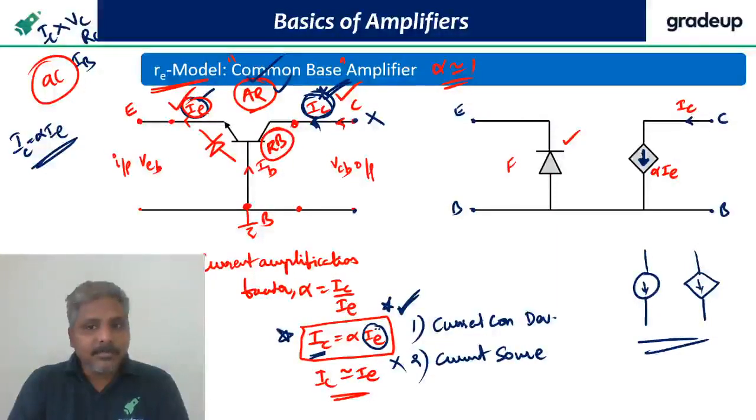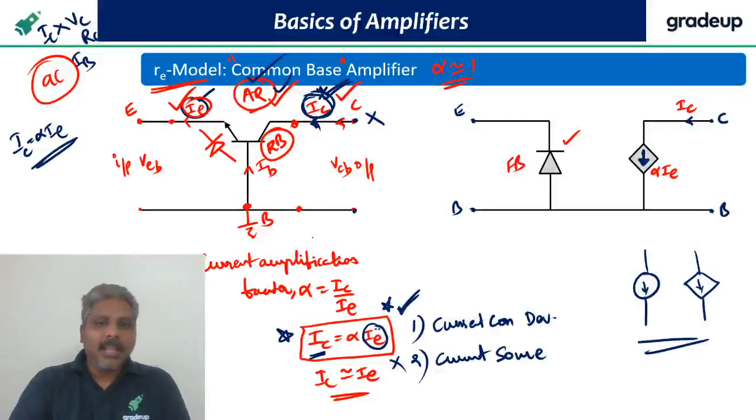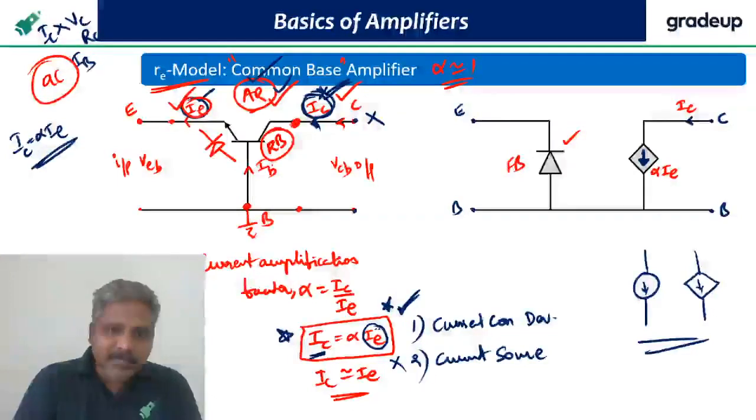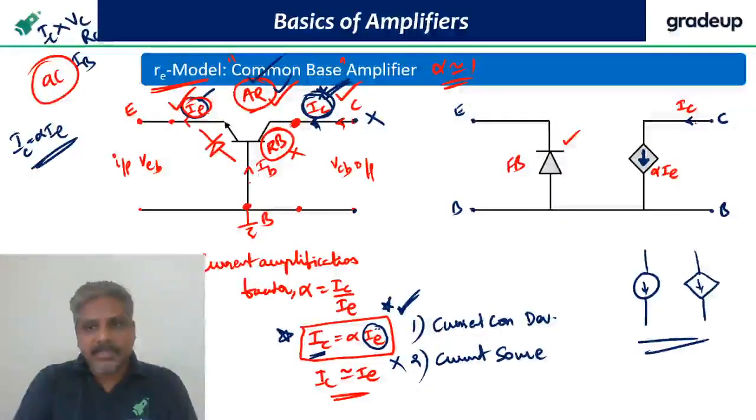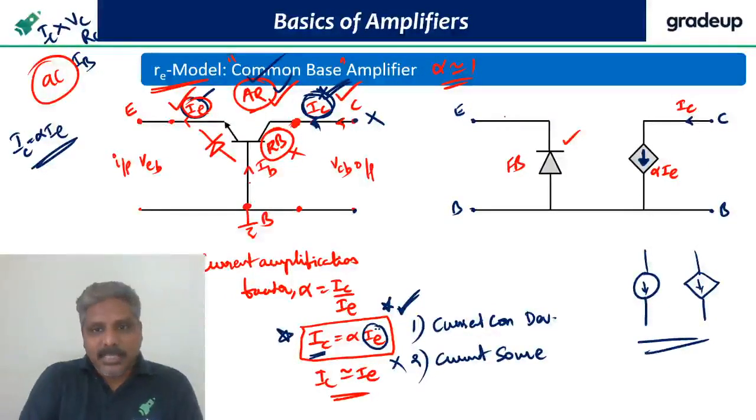How? Because of active region, the junction is forward bias, is it not? And this junction, the collector junction, from collector to base, is reverse bias. It is like an open circuit. That's why you see the current source with open circuit. That means infinite resistance. So this current flowing here is called IE.